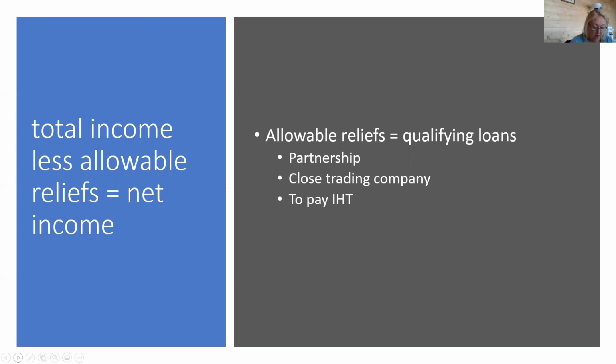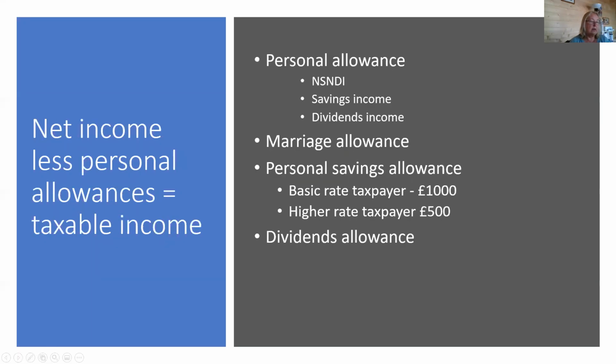Okay. Now, once we've got our net income figure, then the next thing that we're going to be looking at is what about any personal allowances that we can use. And personal allowances are basically an amount of money every year that the government allows you to reduce your income by. So it's effectively a sort of 0% tax on that first amount of money that you earn.